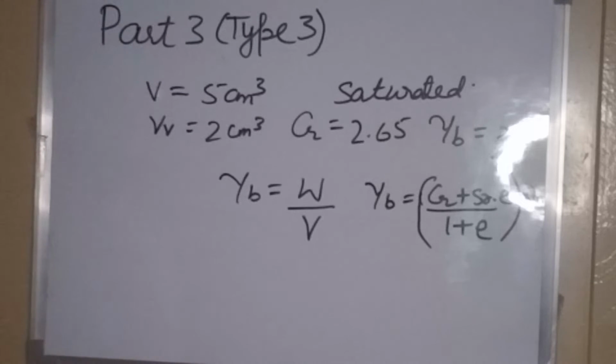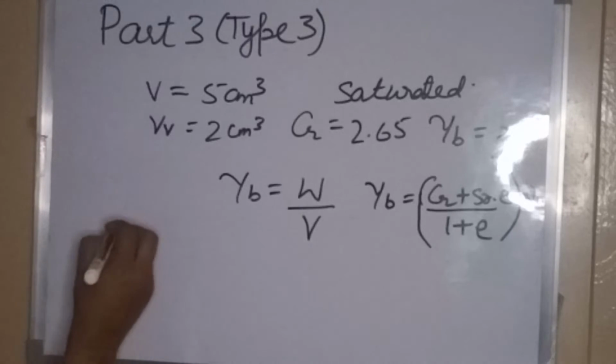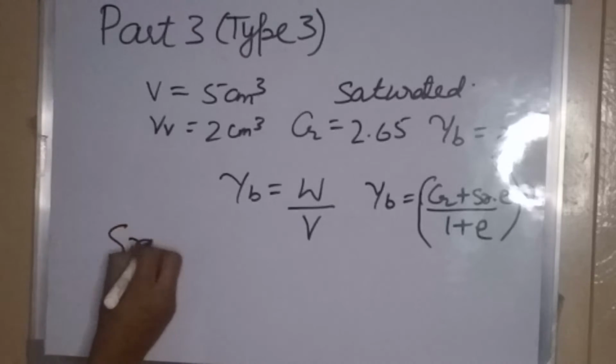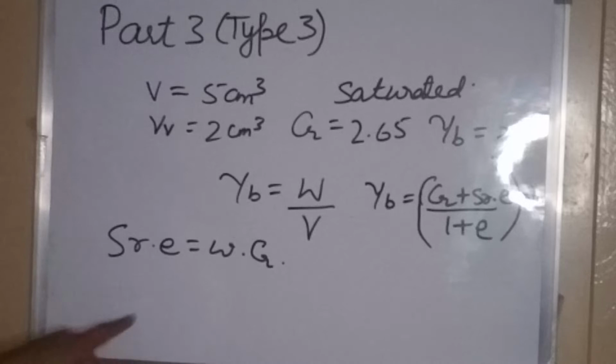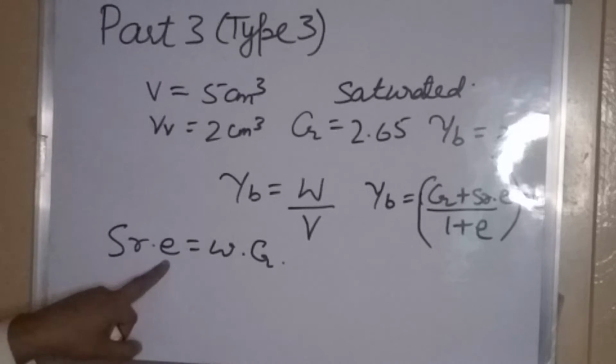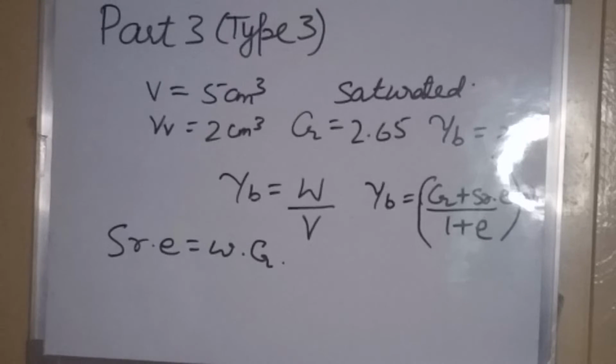So first of all we will have to find the void ratio, and then only we can find the bulk density. We don't have water content, so we could have used the relationship SR into E is equal to W into G to know the void ratio, but we can't use it because we don't know the water content.